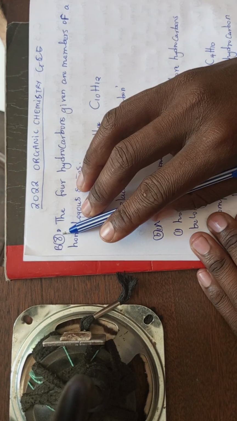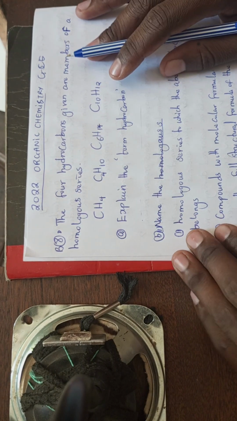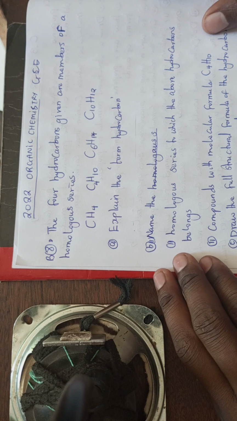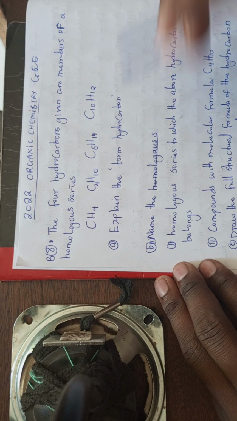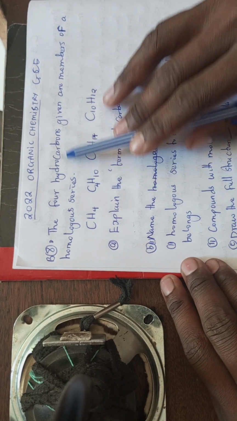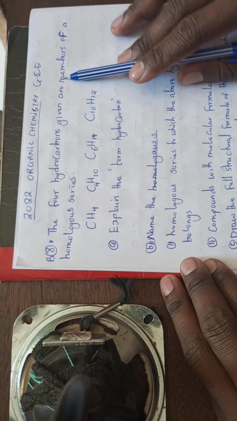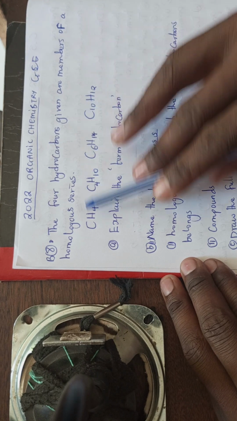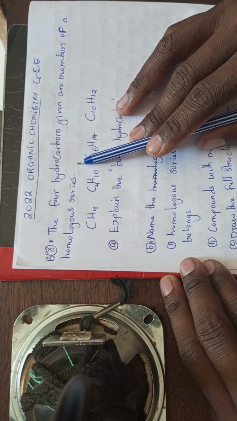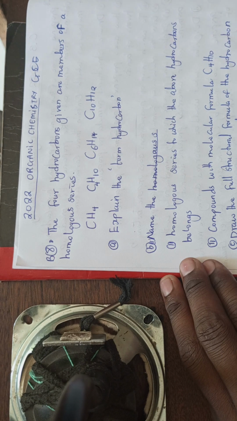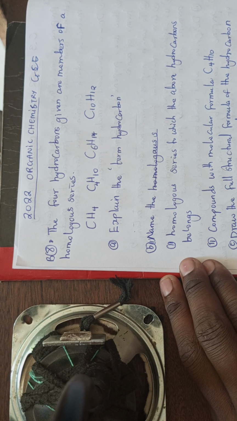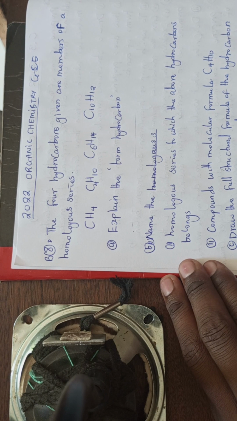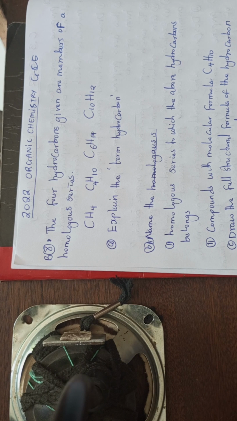This is question 8, section B. The question reads, the four hydrocarbons given are members of a homologous series.